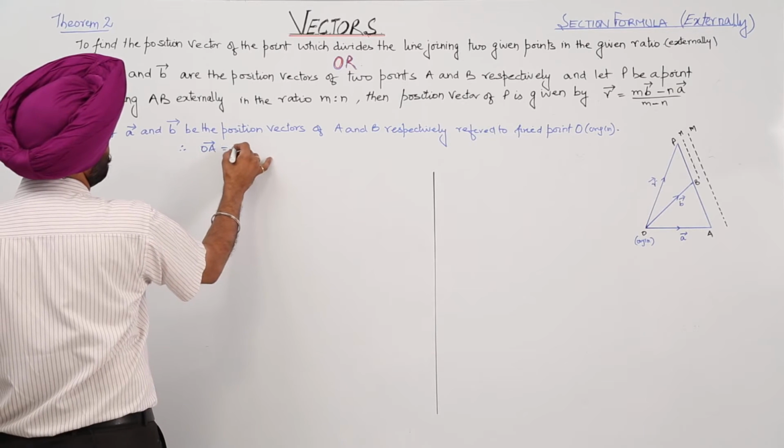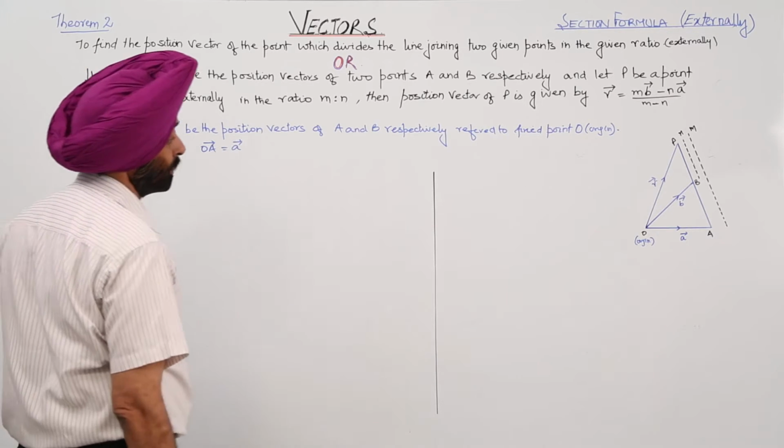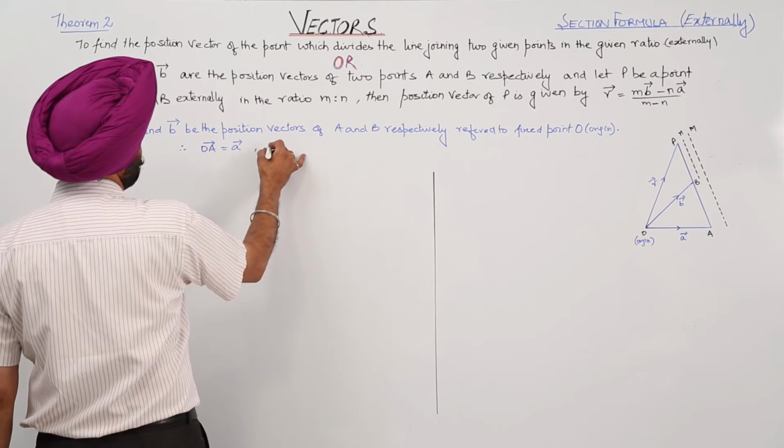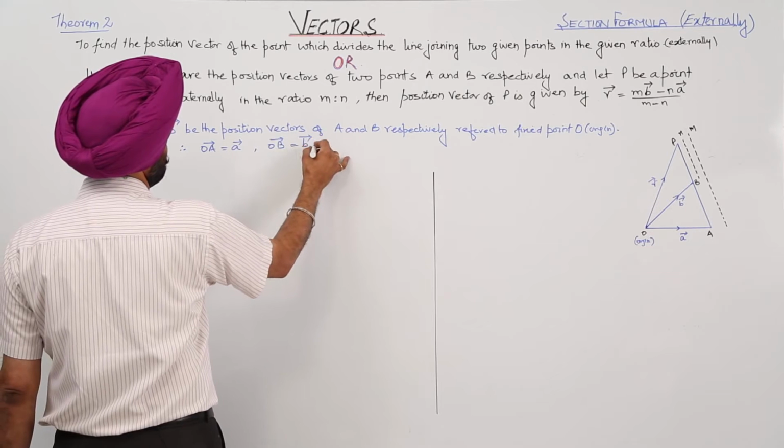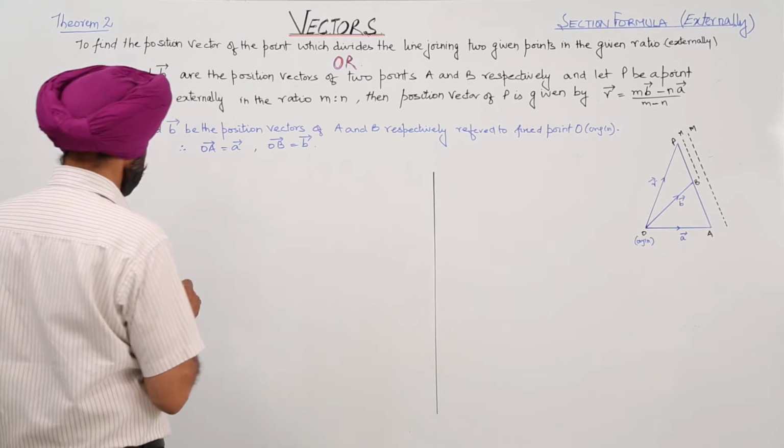Vector OA is represented by vector A and vector OB is represented by vector B.